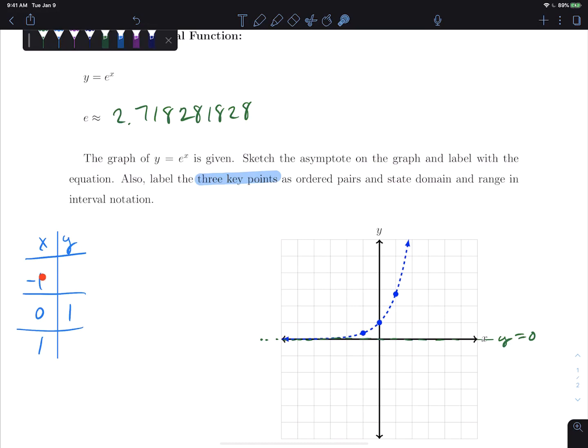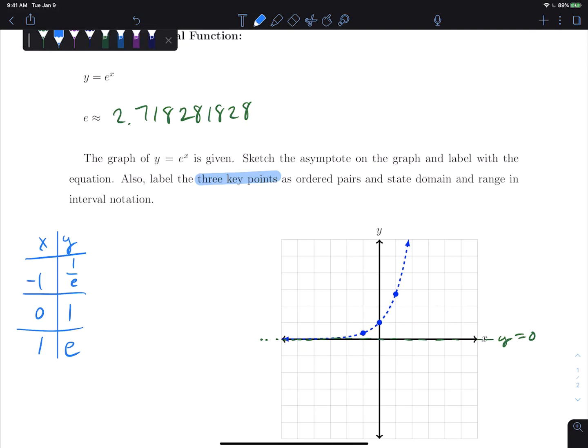The y here, because this is a negative, we're going to take the reciprocal of the base, and the base is e. So the reciprocal of e is just 1 over e. Now for the blank here, this 1 means we keep the base, which is e, so it's just e. And so there you go.